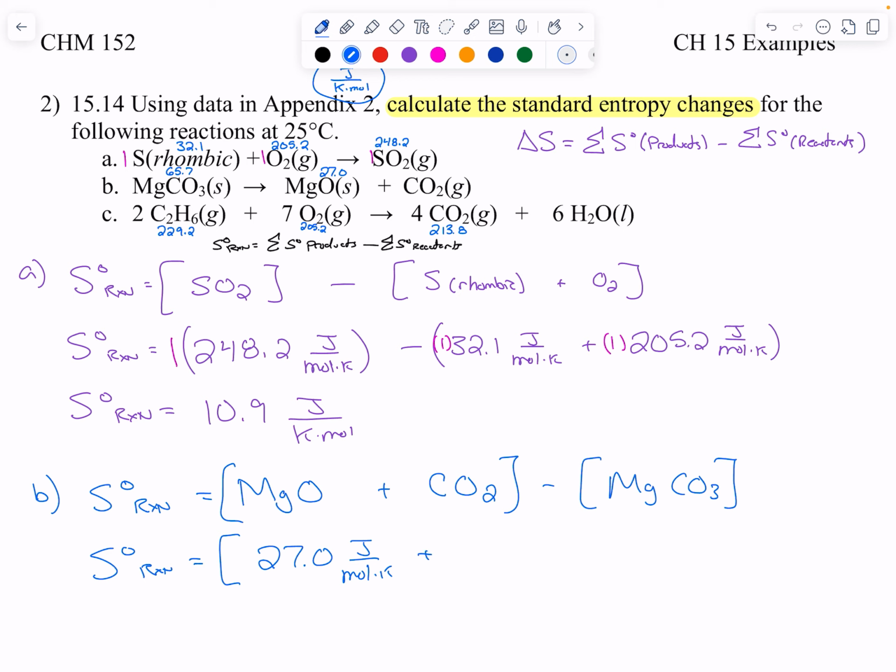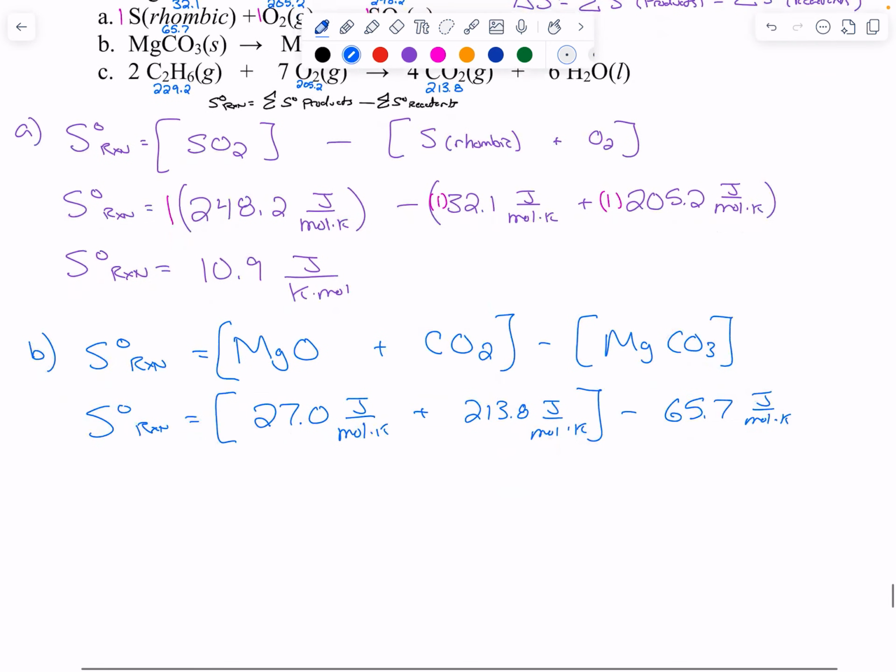Carbon dioxide's 213.8. Magnesium carbonate is 65.7. So delta S would be, if we do this math, I get 175.1.